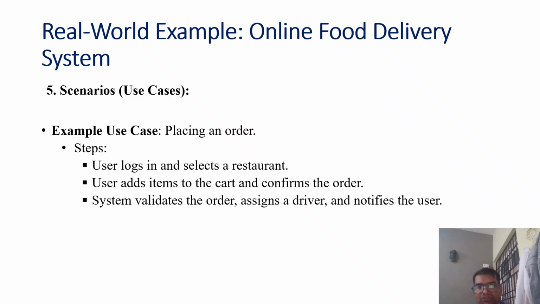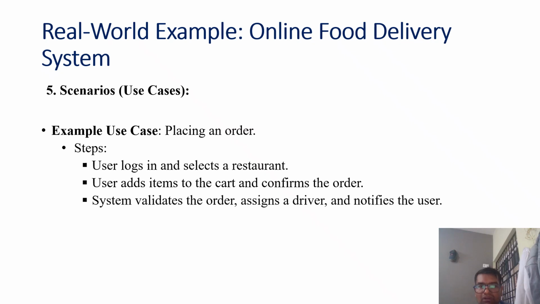What does the user actually do? If a customer is hungry and wants to place an order, he has to use an online application. If he is a first time user, he has to sign up, or if he already has an account he can log in with his username and password or through mobile number.